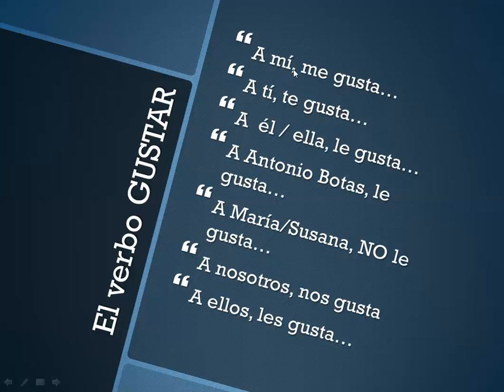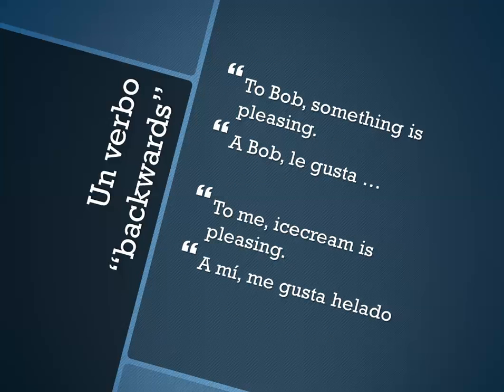But make sure that you're paying attention to a mí, me, a ti, te. And then for the he, she, or it, it's always le. So le gusta, or no le gusta, or nos gusta, or les gusta. Nos gusta is for nosotros, and les is for ellos. And let's explain why on the next page.